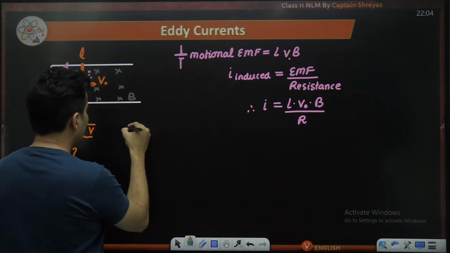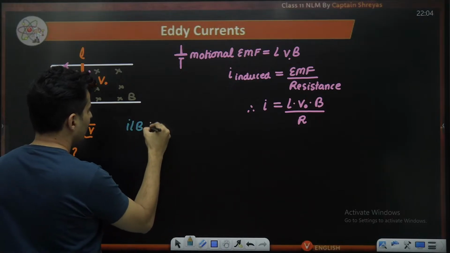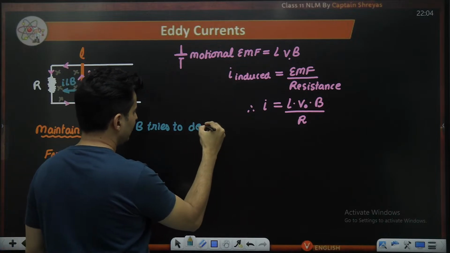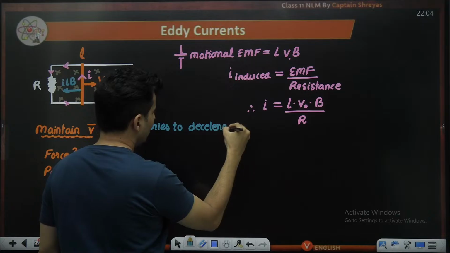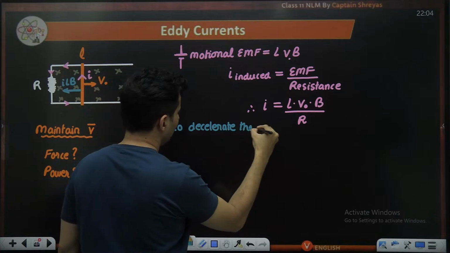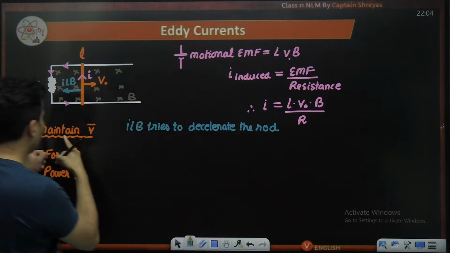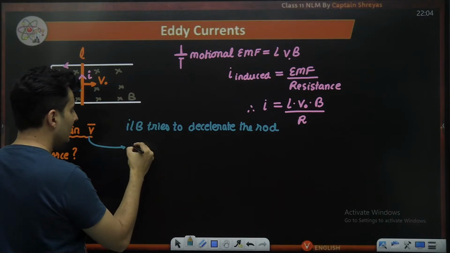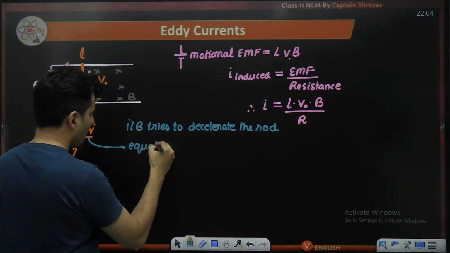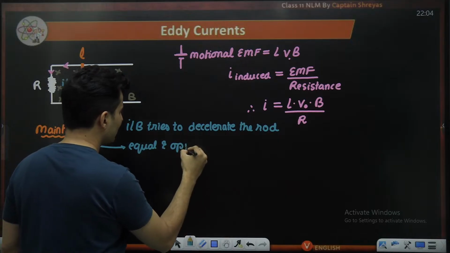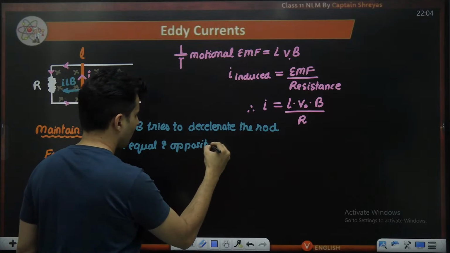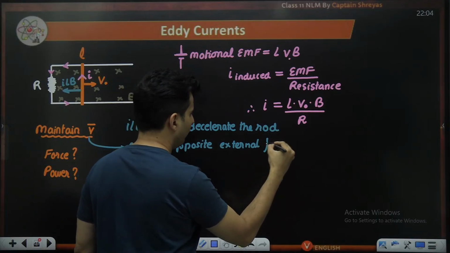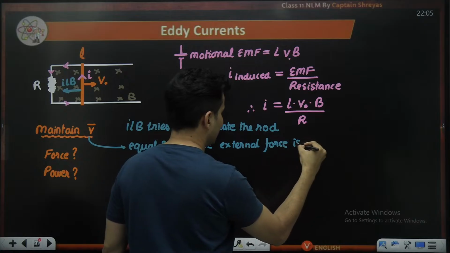So that ILB force tries to decelerate the rod, but we have to maintain the velocity. So in order to maintain the velocity, an equal and opposite external force is needed.